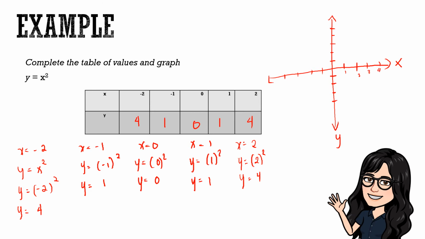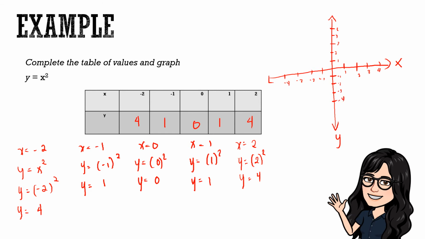And from 0 to the left, those will be all the negative numbers. From 0 upward, that is again a positive number. And from 0 down, that will become a negative number. So we can now plot.